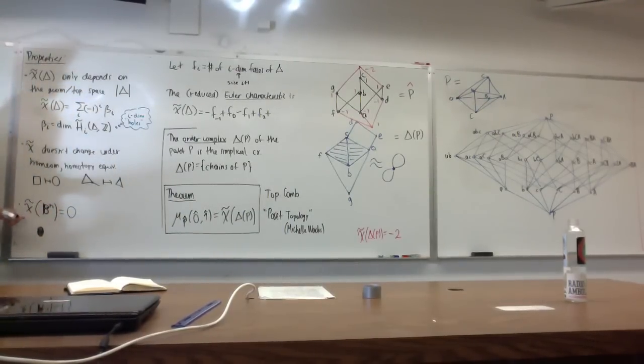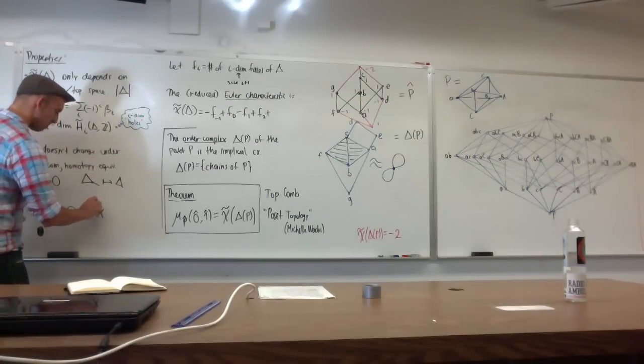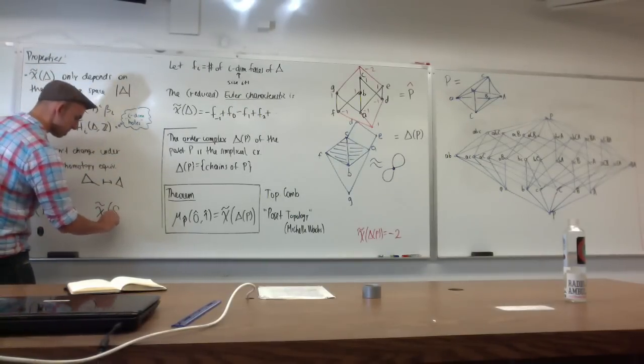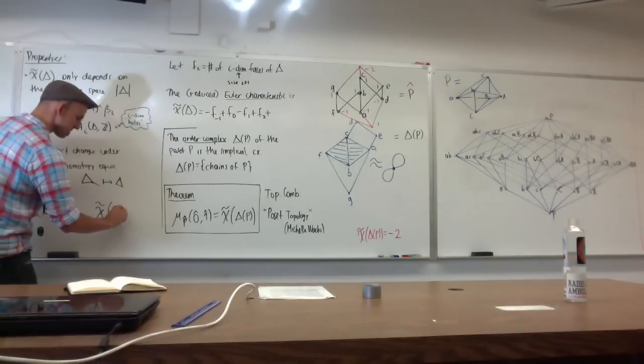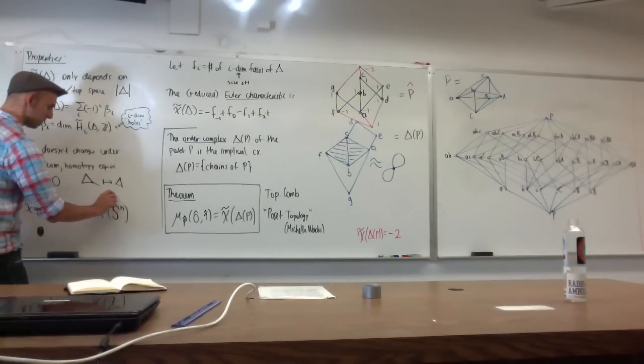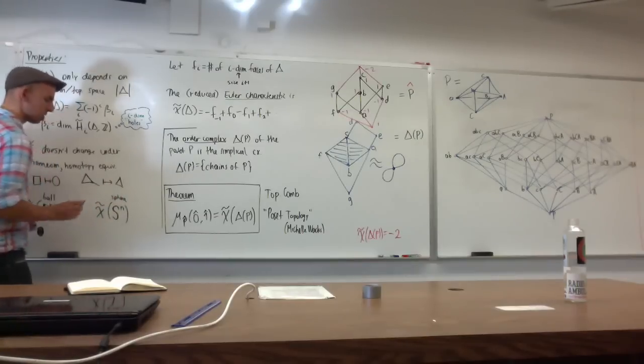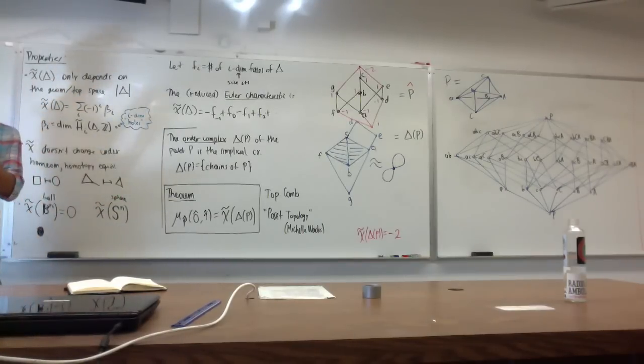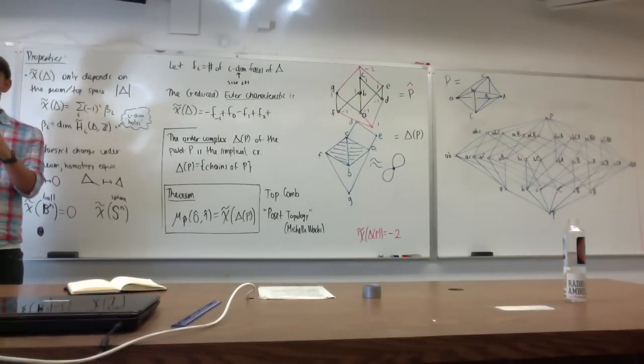And reduced Euler characteristic. What about the sphere? This is a ball. This is a sphere. So a sphere is a hollow ball. The points that are a distance equal to 1 from a point. Okay.